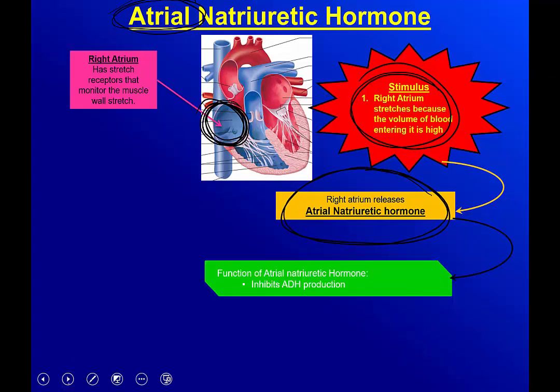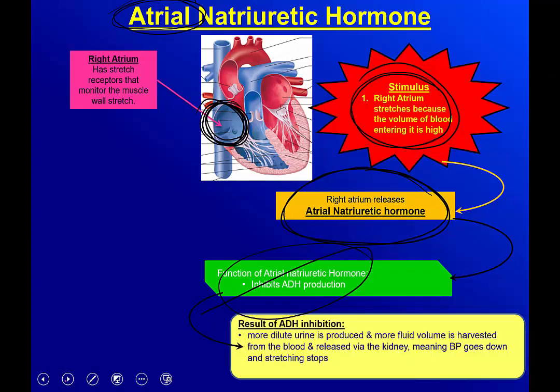What does it do? Remember that ADH that we just made to try and make our cells absorb extra water in the distal convoluted tubule and the collecting duct? Yeah, I kibosh that. I make sure that no more ADH is being produced. When I do that, I end up leaving that fluid inside of the distal convoluted tubule and the collecting duct, making dilute urine.